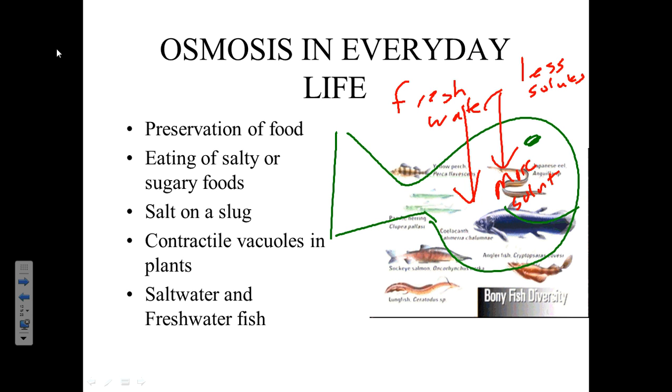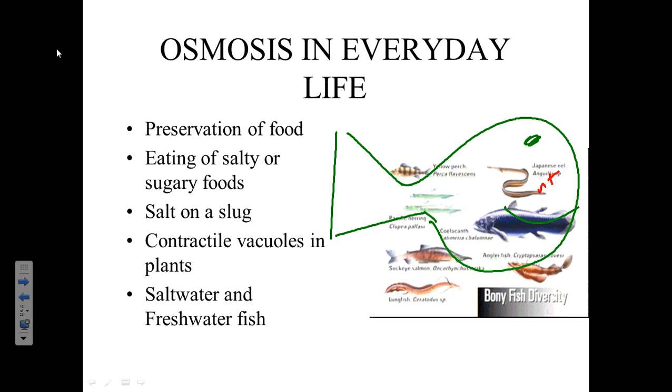Now let's flip it around. Now you've got another issue. This time we're going to deal with a saltwater fish. So now we have not a freshwater bass, but a sea bass. And it's living in salt water, which means there's a higher concentration of what out here?